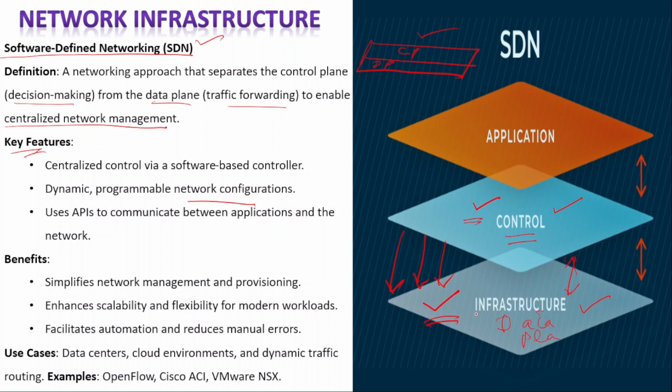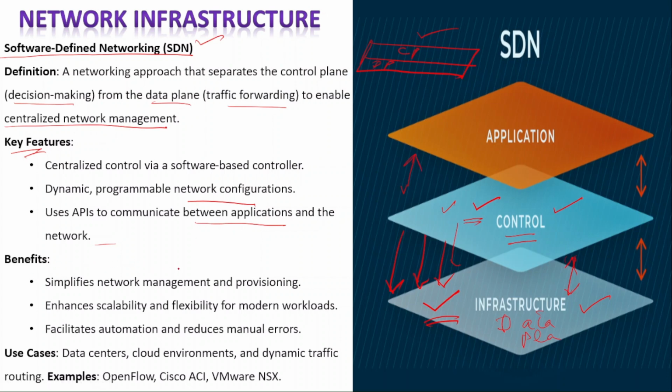Let's suppose here we may have hundreds or thousands of switches. So we can configure them from here and then push it downward, instead of individually configuring each switch or router. It uses APIs to communicate between applications and the network. As I already studied, there are APIs between these layers that they communicate with.